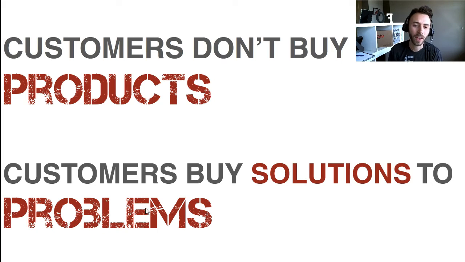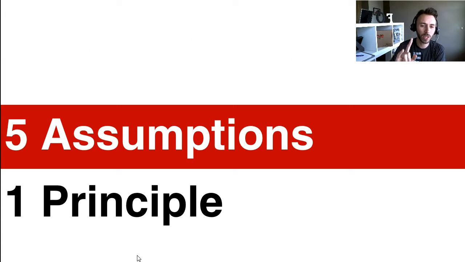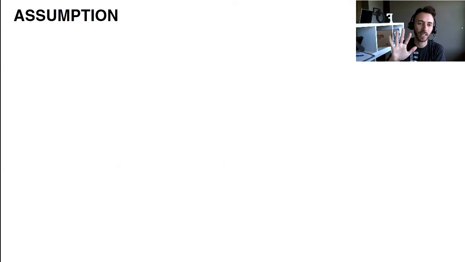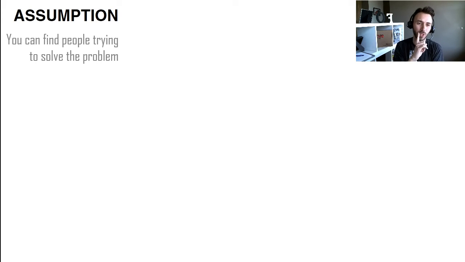Okay, so now that we understand this one core principle to these 5 assumptions, let's talk about these 5 assumptions that you need to test. They are as follows, and they go in a specific order. The first assumption, the most difficult and the most important to prove, is that you can find people who are already trying to solve the problem that your product wants to solve.